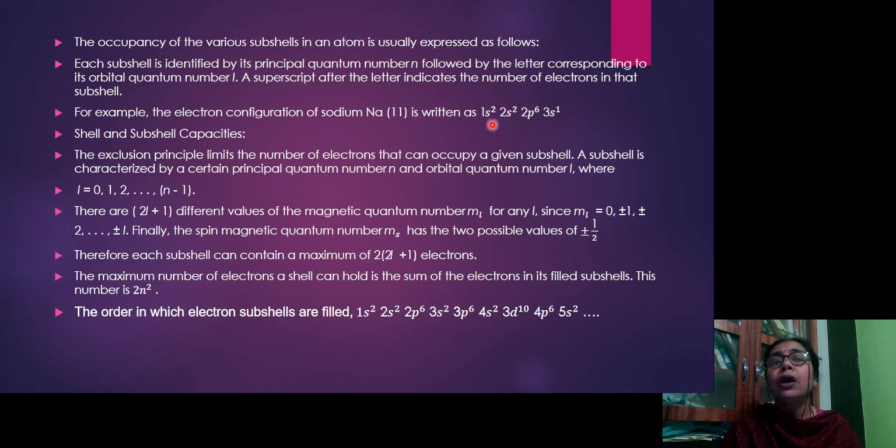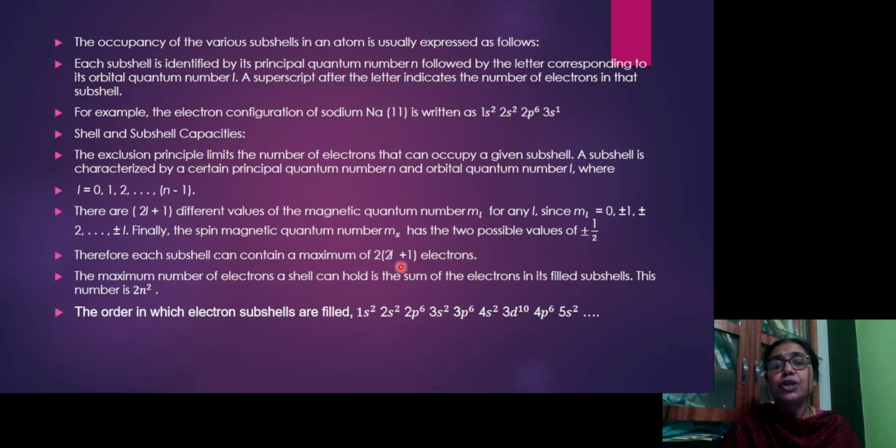Therefore, the S subshell, which has L equal to 0, will have 2 into 0 plus 1, so 2 into 1, that is a maximum of 2 electrons.